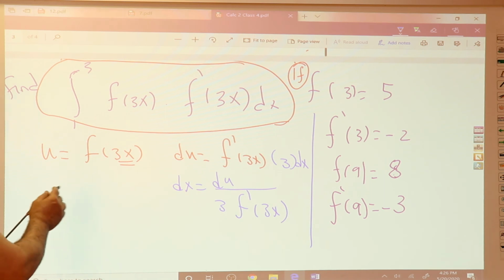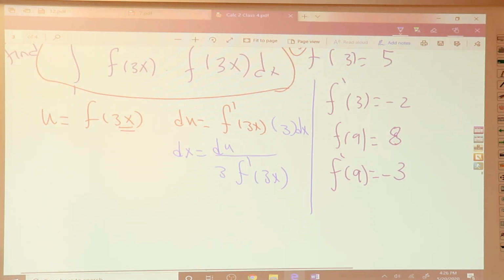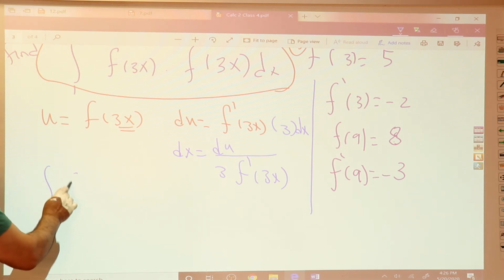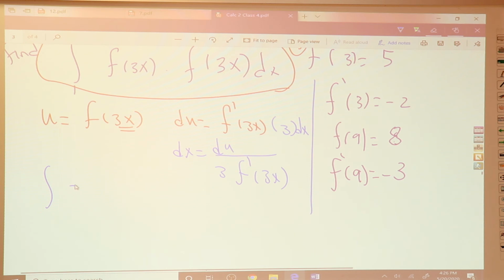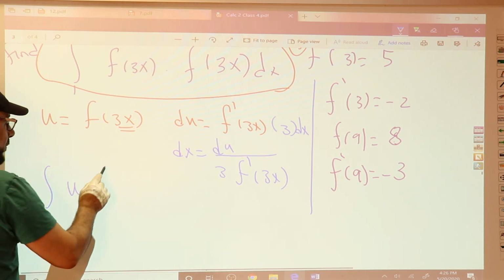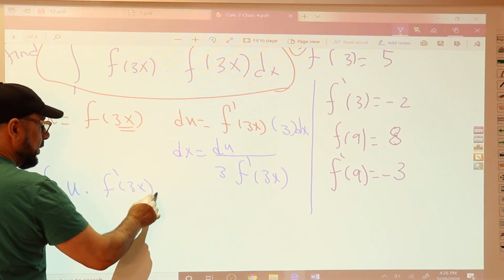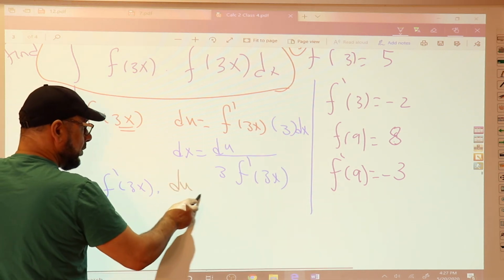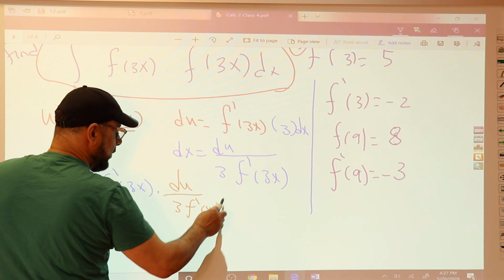Okay. Back to my integration. Leave the limits, don't change them. f of 3x, which is u, right? u times f prime of 3x, and dx equals du over 3 f prime of 3x.